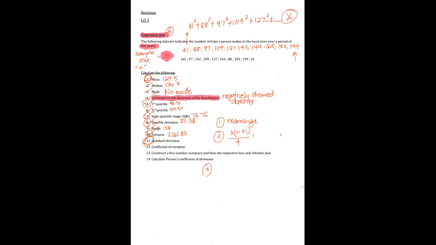Okay, so here is your standard deviation. It's the square root of your variance, 2261.83, and that gives you 47.56.